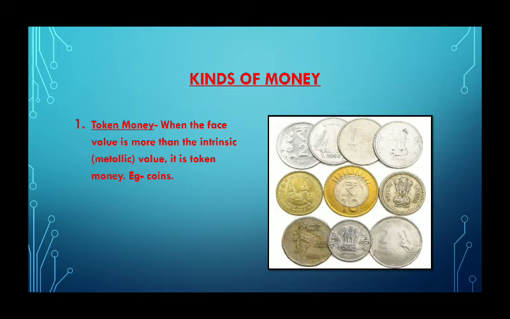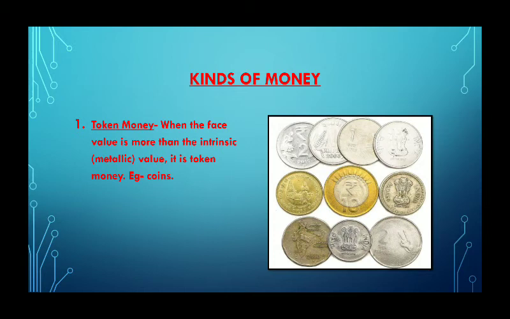What is token money? You should know the definition. Token money means the money where the face value is more than the metallic value, like coins. A 10 rupee coin can be exchanged for anything worth rupees 10. But if I sell that in terms of its metallic value, if I melt it and calculate the value of the metal used in it, it will be less than 10 rupees.